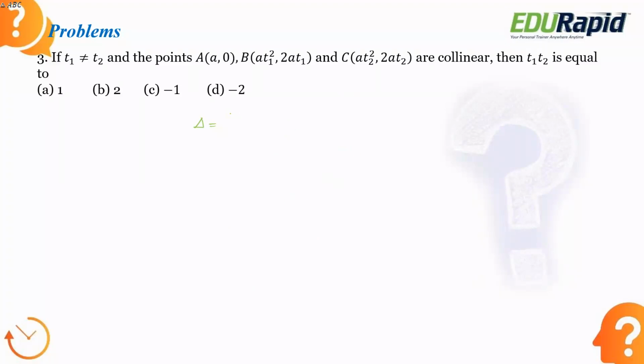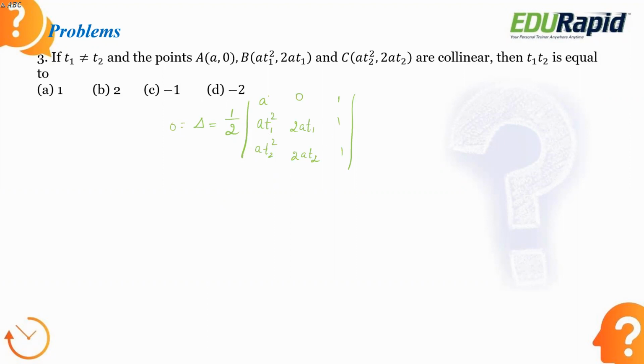I know the formula for the area of a triangle is half into, only the x coordinates first, a t1 square, a t2 square, and then comes the y coordinates, so 0, 2a t1, 2a t2, and then I have ones. So what operation can I apply here? And this area is considered as 0 because they've already given that it is collinear.